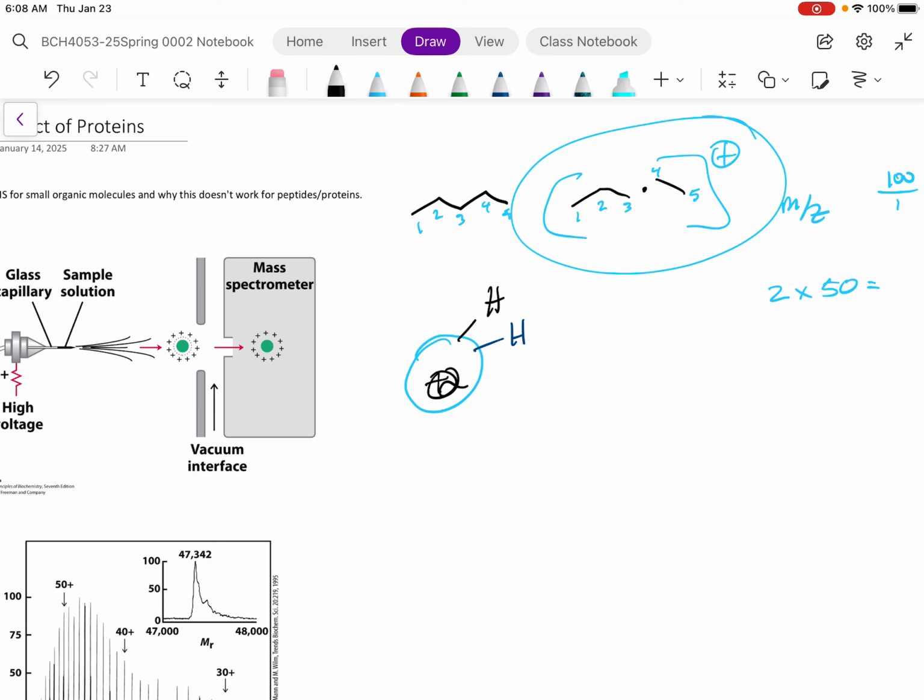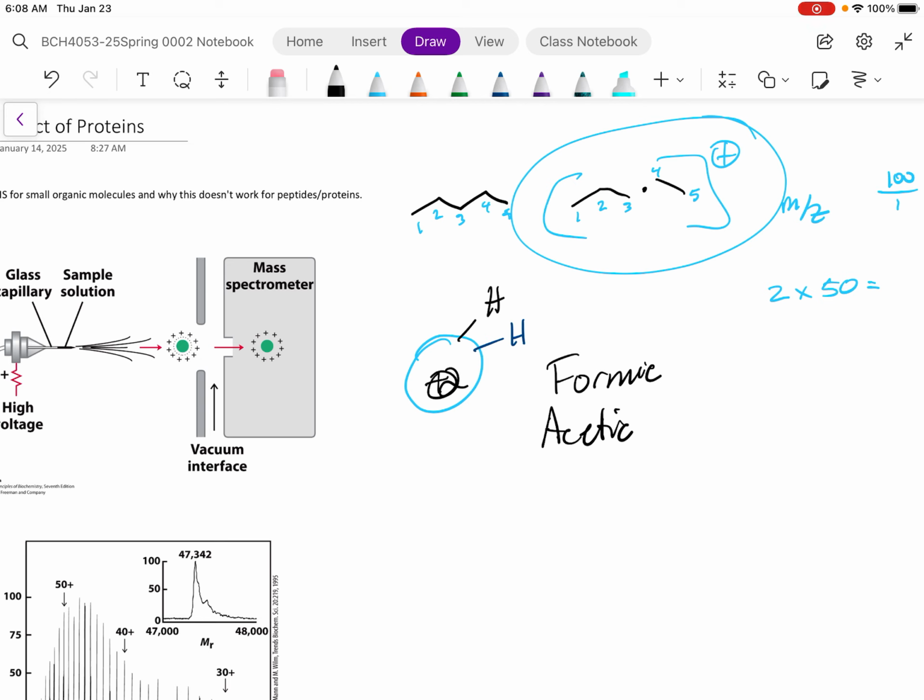So when you add some acid, typically the best acid to use is formic acid. I personally have used acetic acid. But when you read the literature, a lot of people say don't use acetic acid because that's going to suppress the signal. The best acid to use is formic acid.